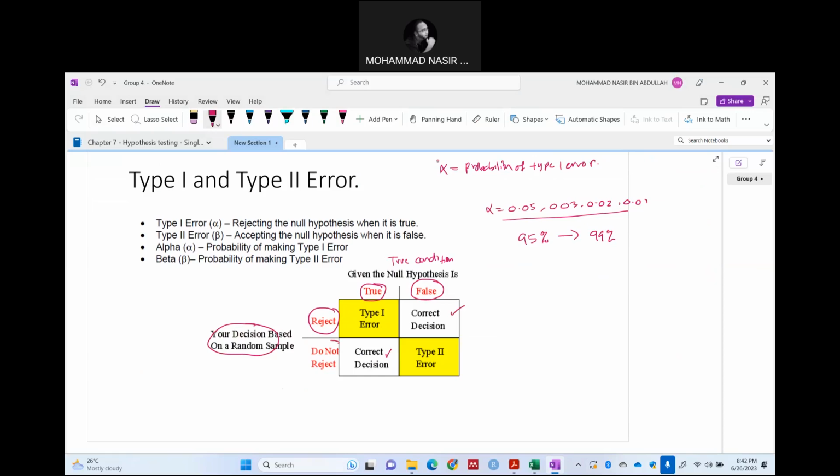But if we accept the null hypothesis and in fact the null hypothesis is false, this is where we are making type 2 error. We are committing type 2 error. This is also known as beta, right? So beta is the type 2 error. The complement of beta, which is 1 minus beta, is equal to the power of the test.